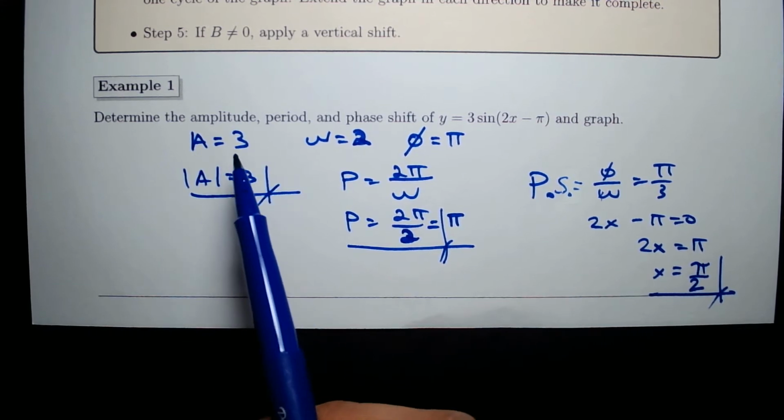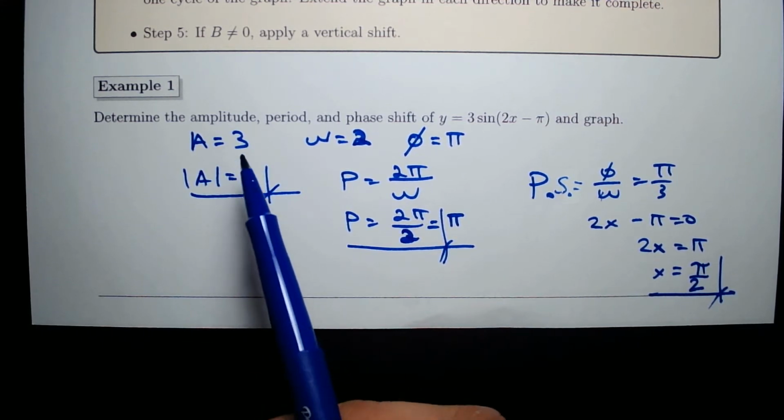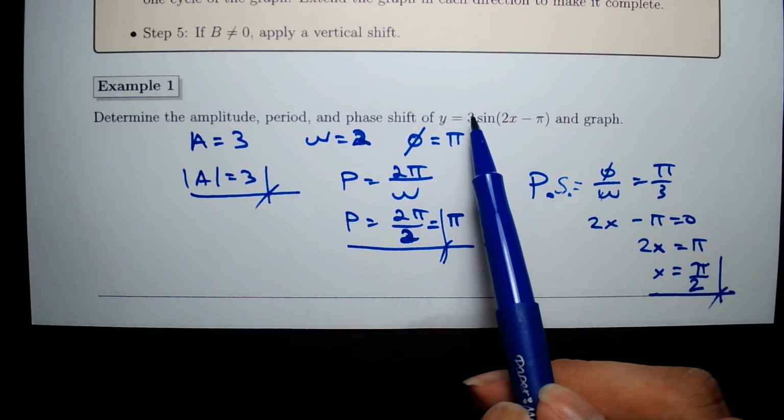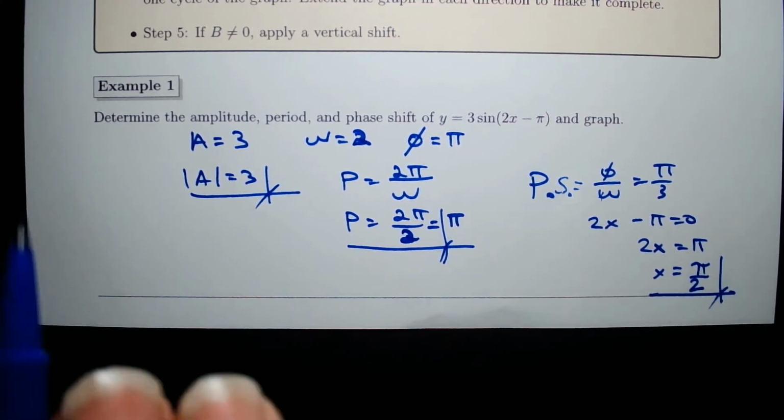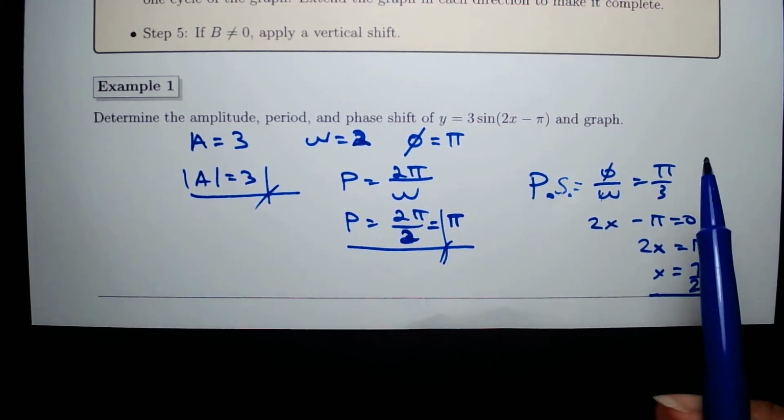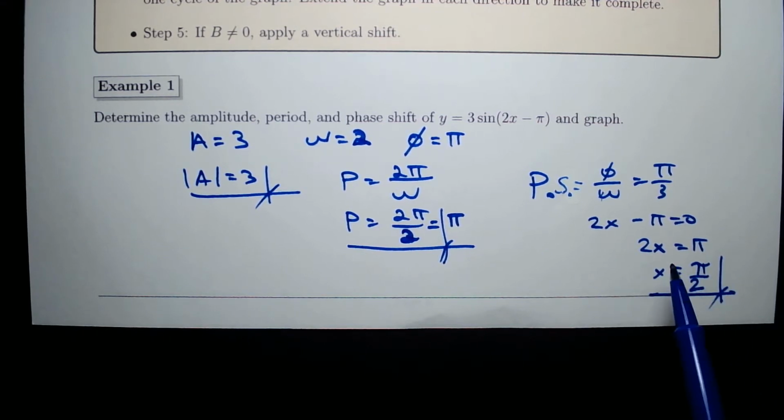We have talked about stretching only because we have had integers, but it could be a half or a third, and it would be a smashed graph. And the new property is the horizontal shift, which in this case is pi over 2 units.